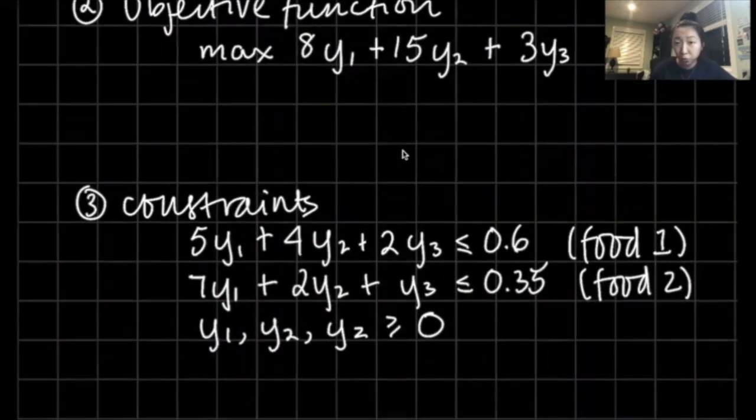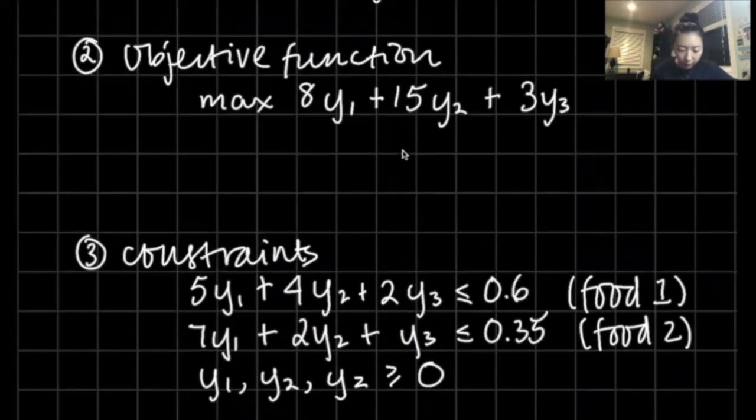Just to parse through one of them, so that we're more comfortable, for food 2, I have 7 kilograms of starch, 2 kilograms of protein, and 1 kilogram of vitamin. And we want to set the prices of each of the nutrients such that the total is at most 35 cents, so that the customer would still be willing to purchase food 2.